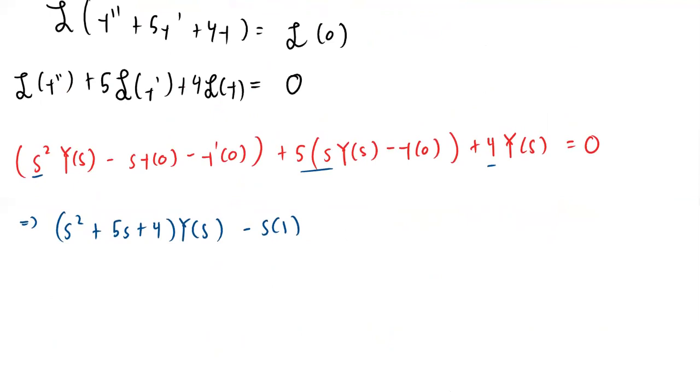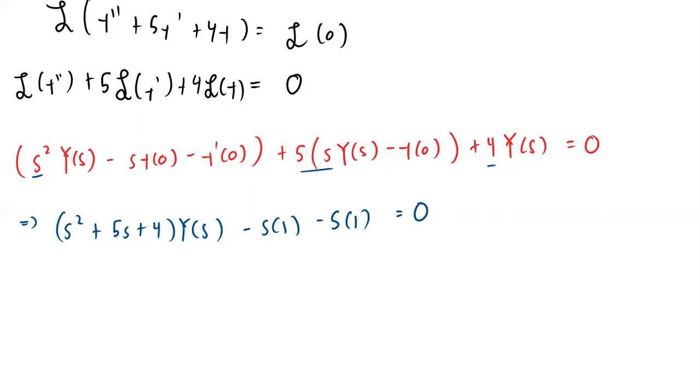Then we have a minus 5 times y of 0, which is 1. And I think that's it. I think I have all the terms.